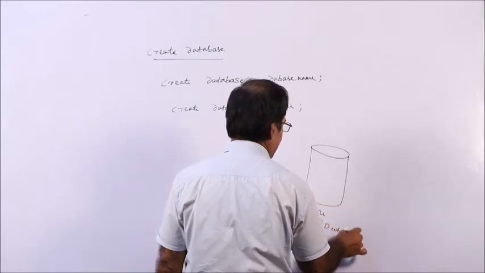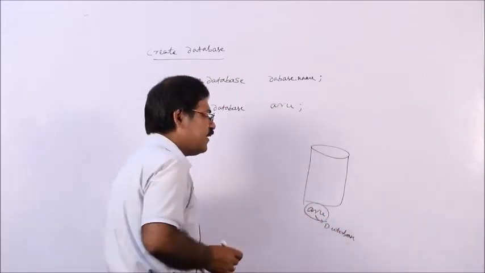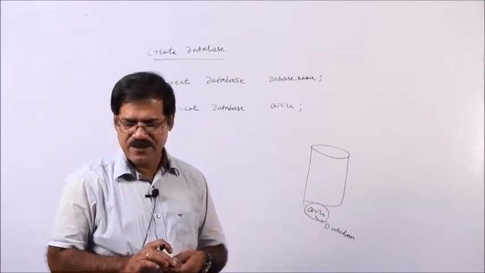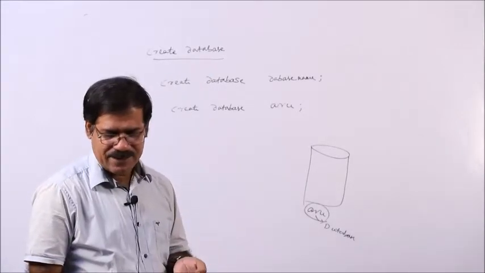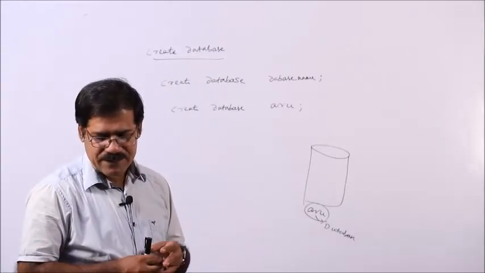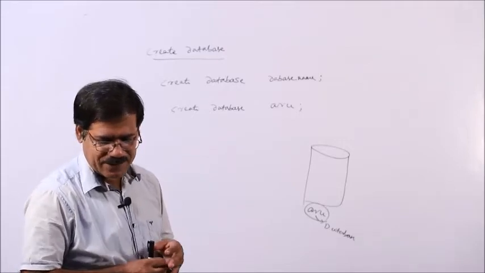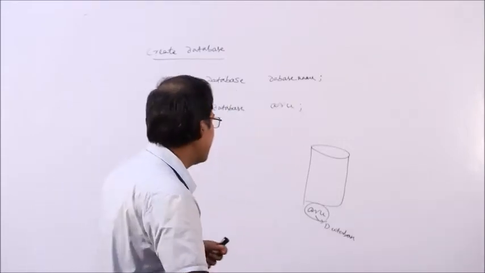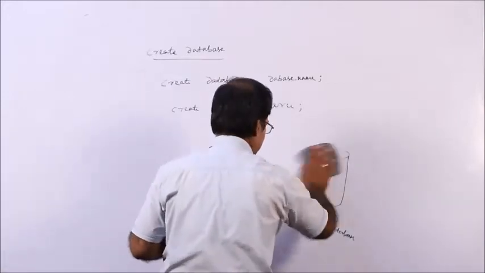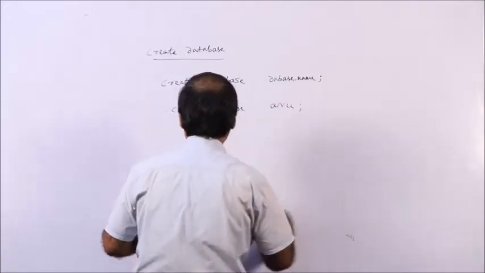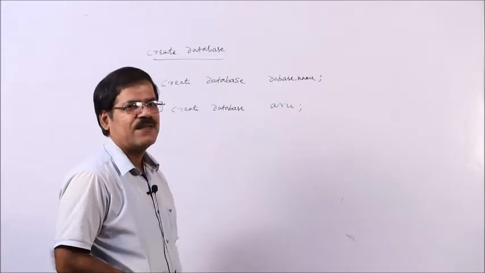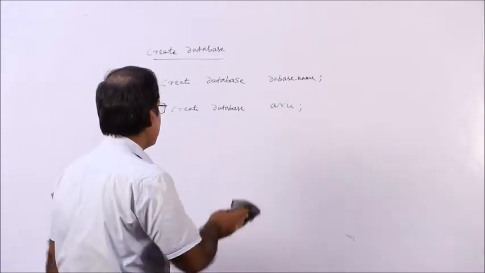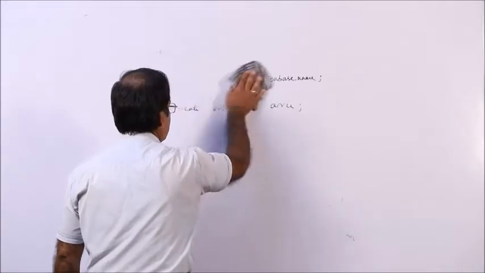Okay. So, the database is created, and you have to select the current database for use. First, you have to create the database. The database name is Aru. That means one database is created, and the name of the database is Aru.